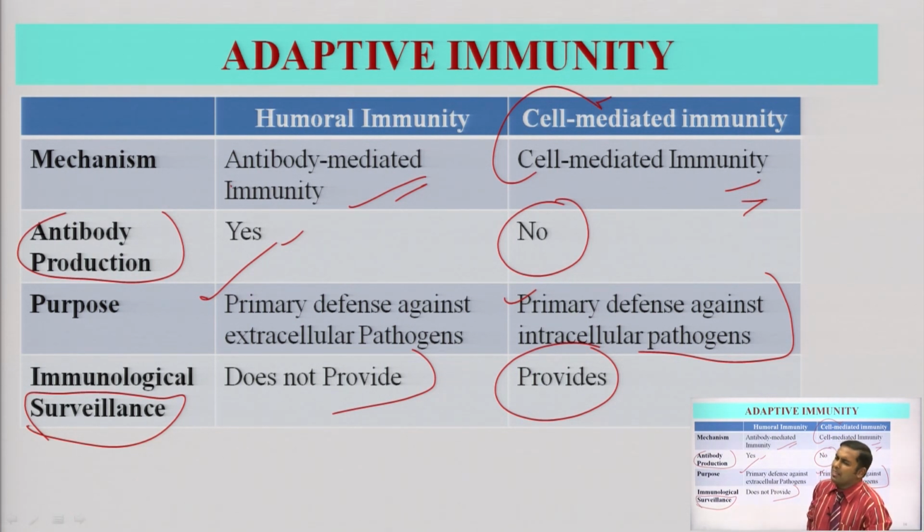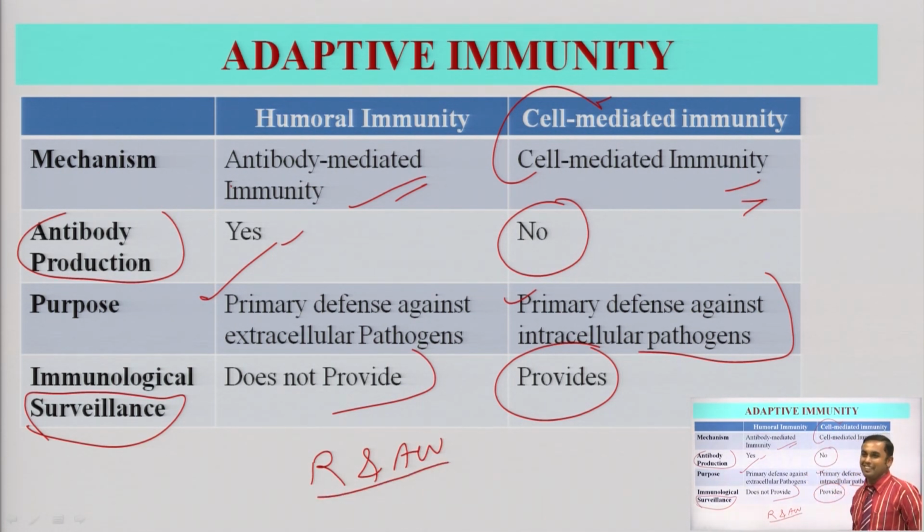For example, let me correlate this concept with the work of our defense or law enforcement agencies. Have you heard about RAW, Research and Analysis Wing? I hope many of you have, because we have seen lots of movies, like Tiger.